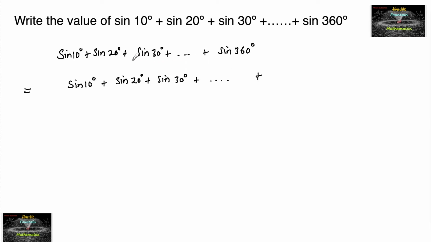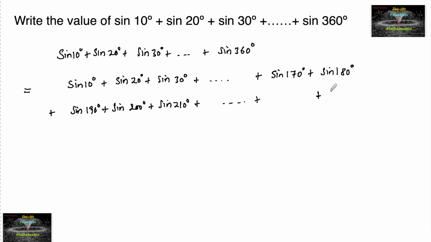There are 10 to 360, total 36 terms. So let me write here sin 170 plus sin 180 and again plus sin 190 degrees, sin 200 degrees, sin 210 degrees and so on. The last term is sin 360 degrees, and the one before it is sin 350 degrees.